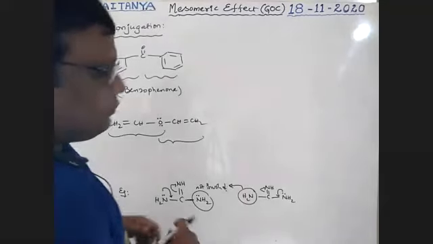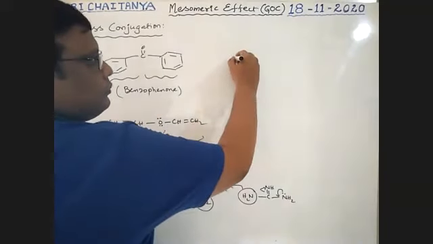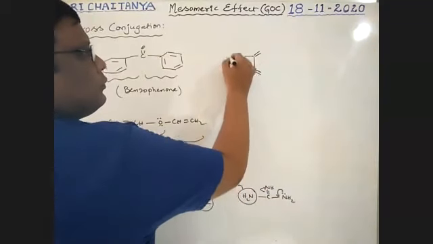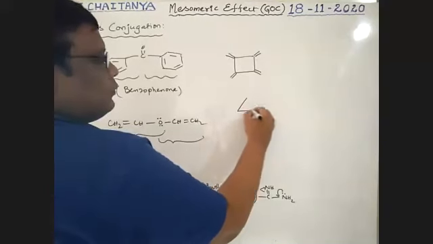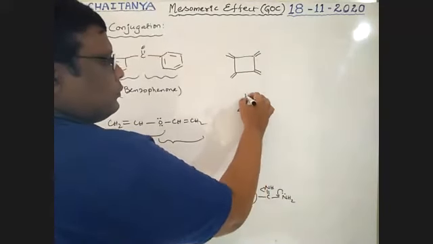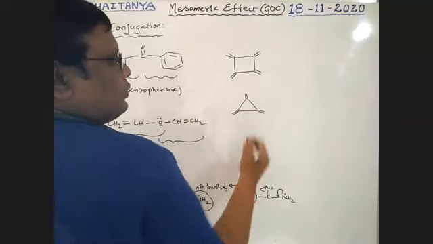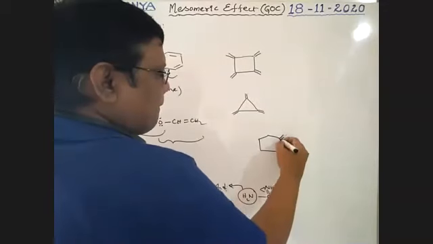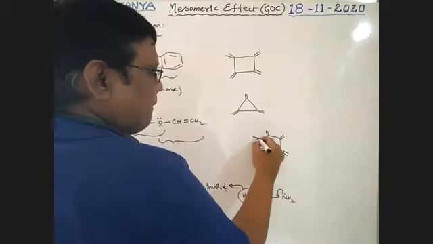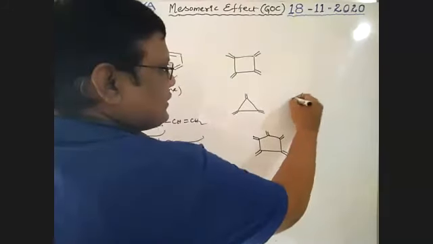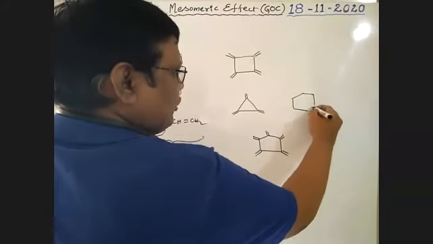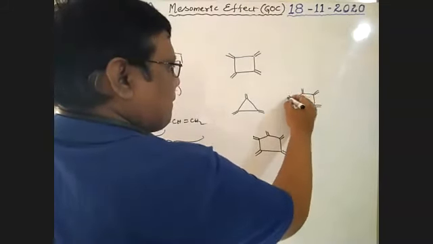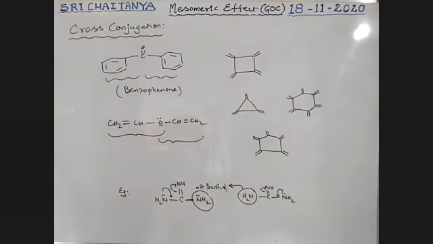Next, some more. 2, 3, 4, 5, 6. All these are cross conjugated, boys. All these are cross conjugated.